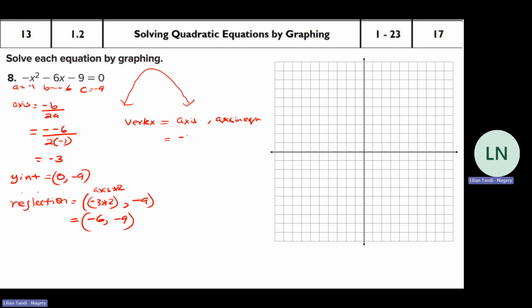Okay. Axis is already -3. So -3 squared minus 6 with -3 minus 9. So -3 here. This is 9, so that will be -9 plus 18 minus 9. That should be 0, because -9 plus 9 is 0. So vertex is (-3, 0). Okay.